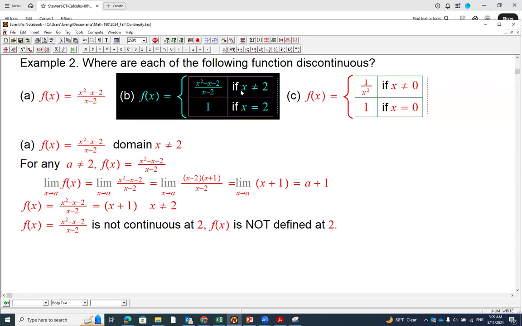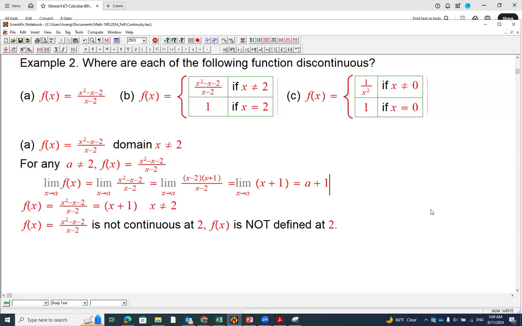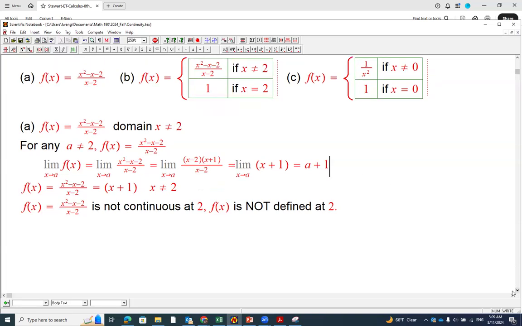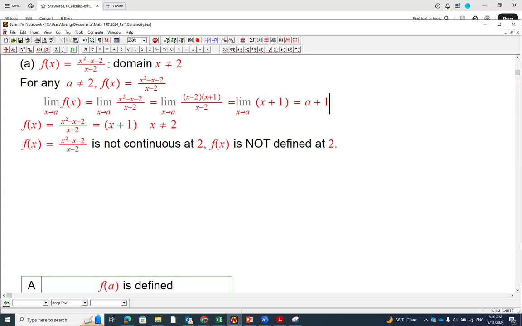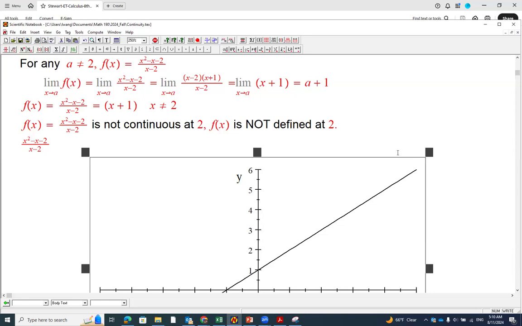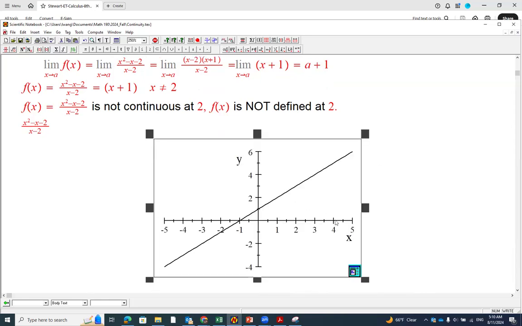Okay, so let's look at the second one. Actually, I'll just show you the picture for this function first. If you graph it, graphing will help us see better because I didn't mention some of the features on the graph.